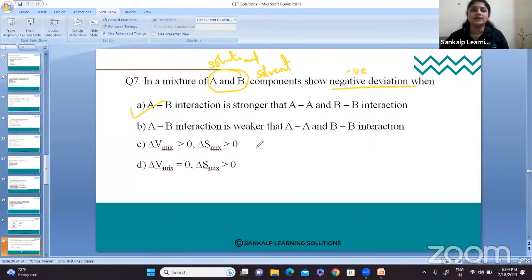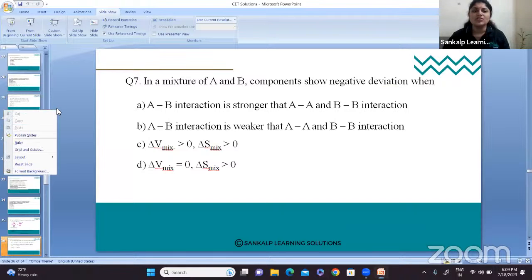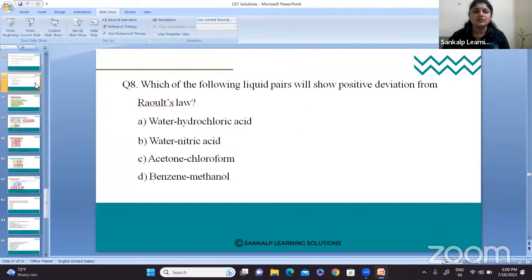So option A is the right answer. We'll go for the next one. These are all theoretical questions. Next, which of the following liquid pairs will show positive deviation from Raoult's law?